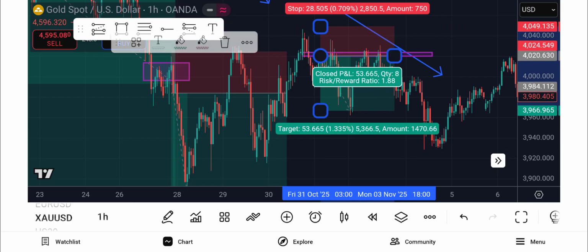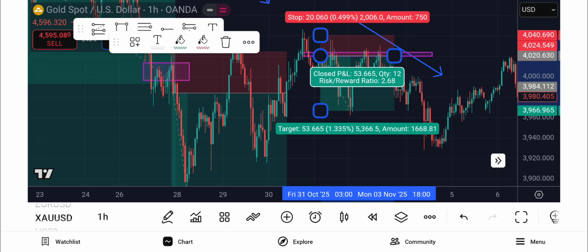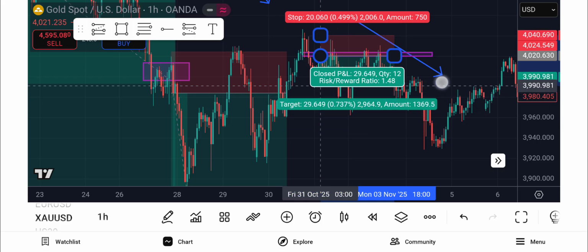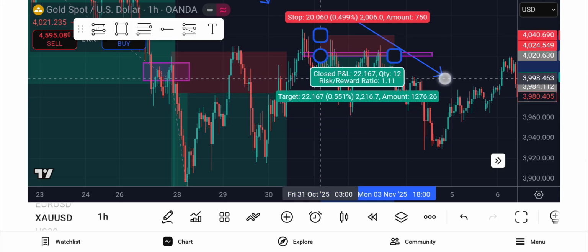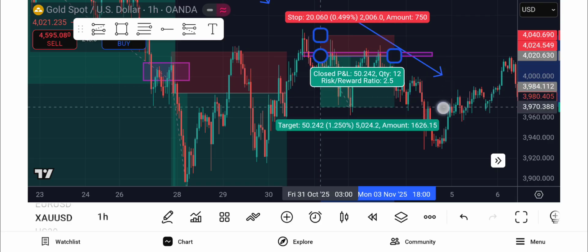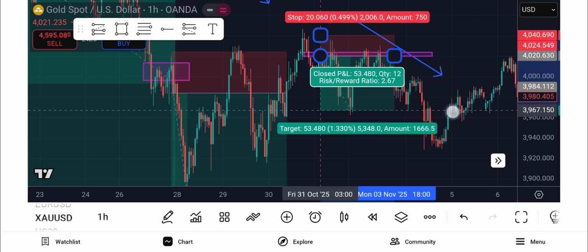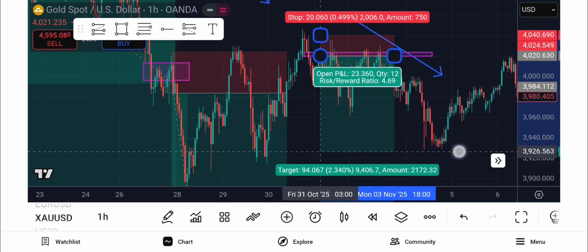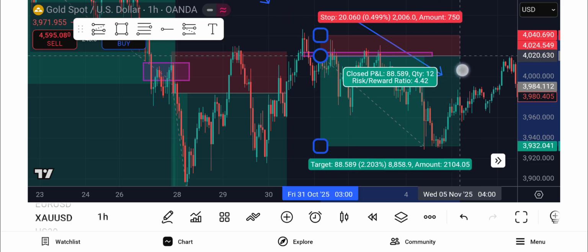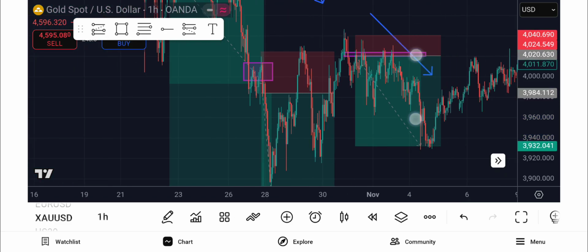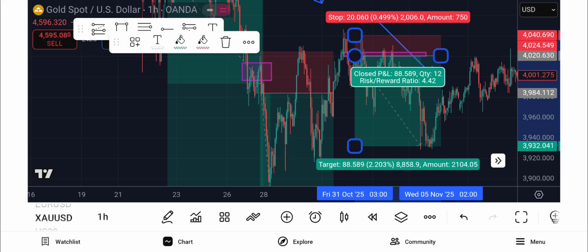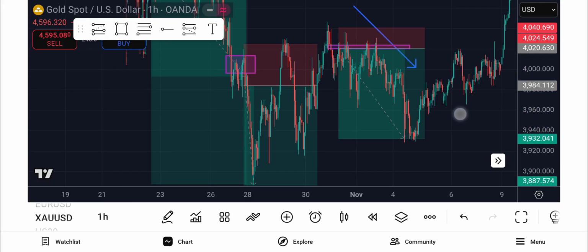Let's say that I put it above the first candle. Then I could have had another entry, all the way to the 4. So this could have been an easy sell. This could have been over 88 pips.